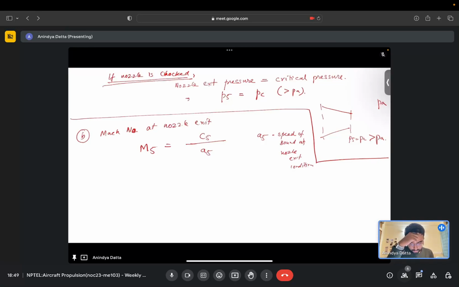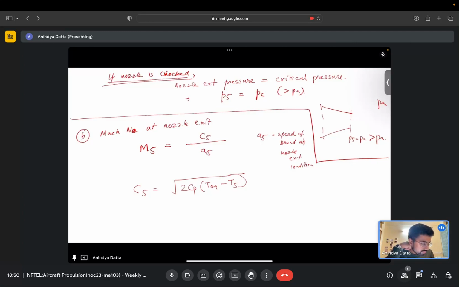So remember what C5 is; we derived it in the last problem. C5 is the square root of 2 Cp times (T04 minus T5). This is our nozzle exit velocity, where we use the Cp for the gas. We can find it from the definition of nozzle isentropic efficiency.